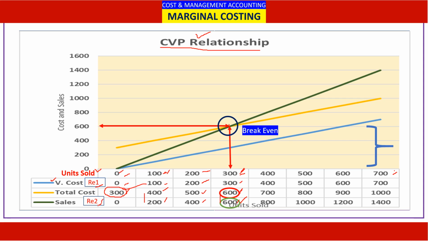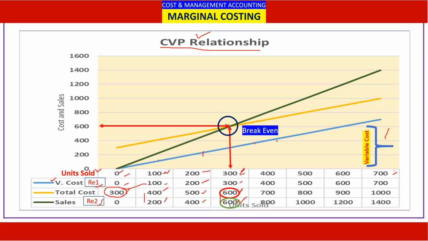Now, variable cost, it starts from 100, it goes to 200, 300, 400, 600, 700. This portion, which is indicated by this parenthesis, it represents the variable cost.